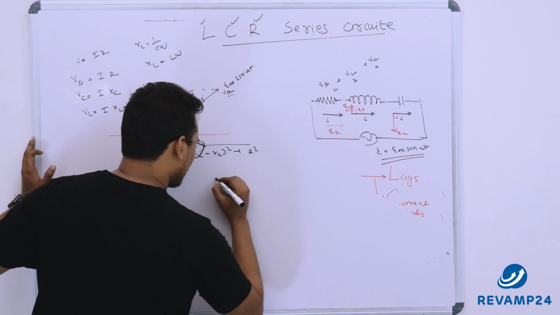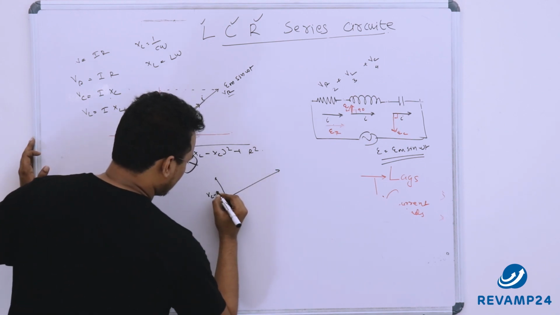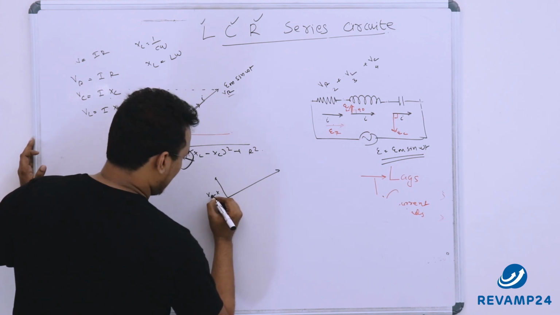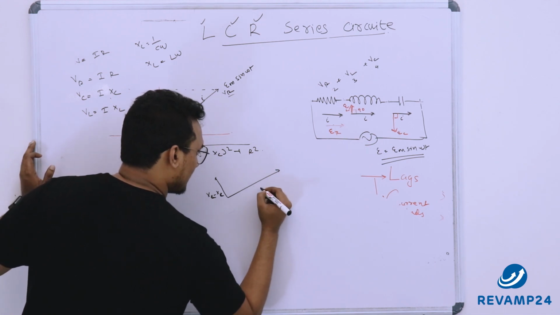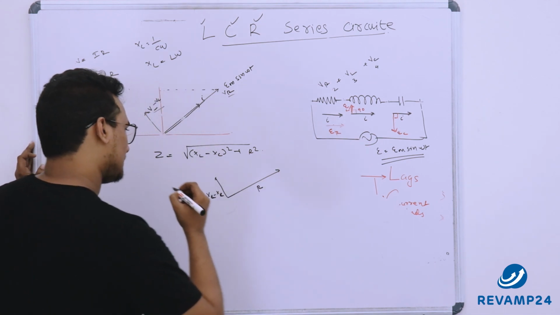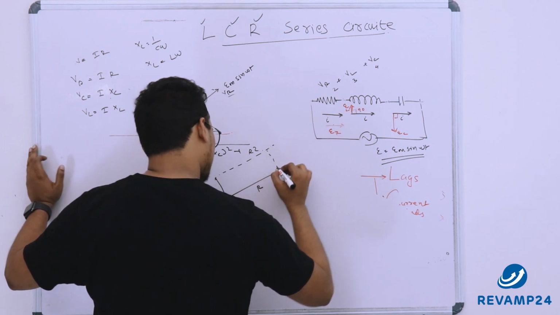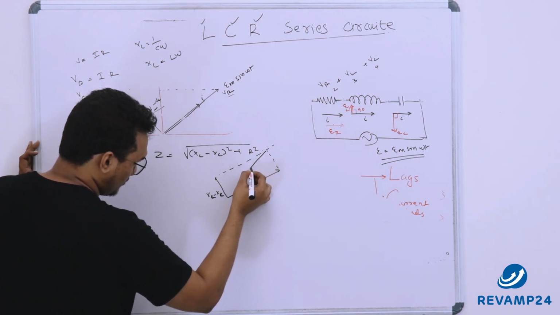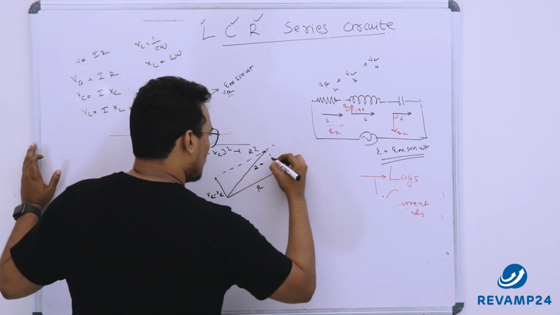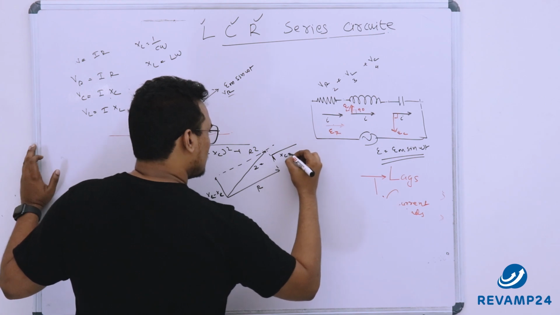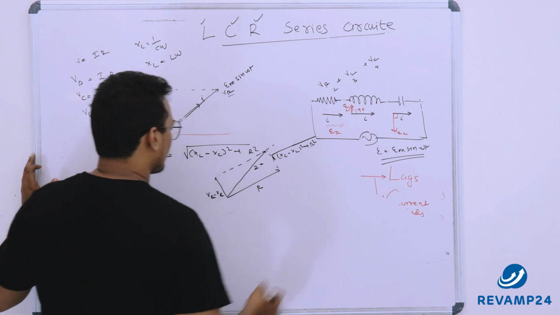Now these are my XC minus XL, XL minus XC as per my picture, and this is R. And the resultant of these two, by parallelogram law of vector addition, is this resultant, and that is the impedance Z, and the value of Z is root of XC minus XL the whole square plus R square.